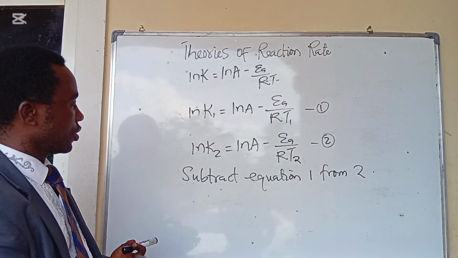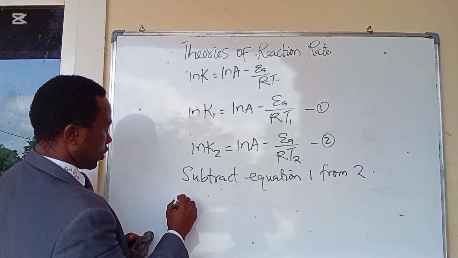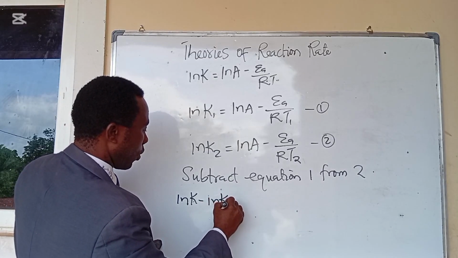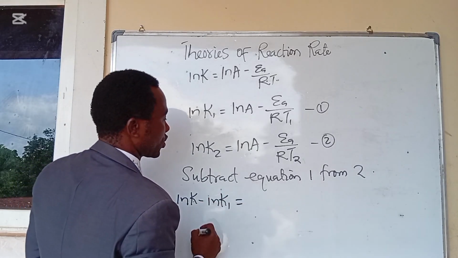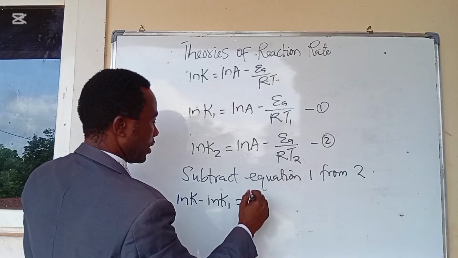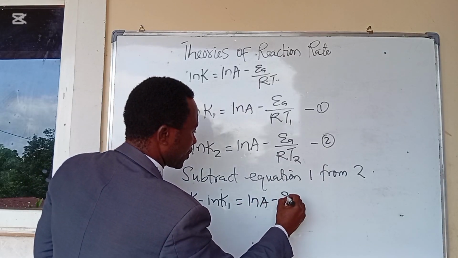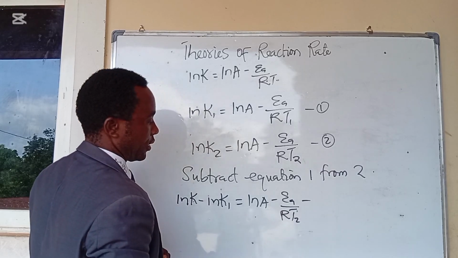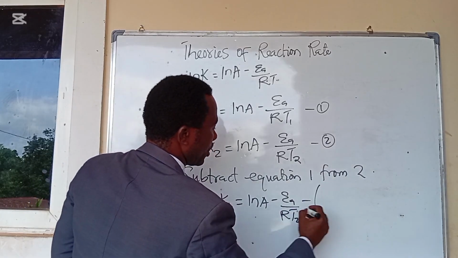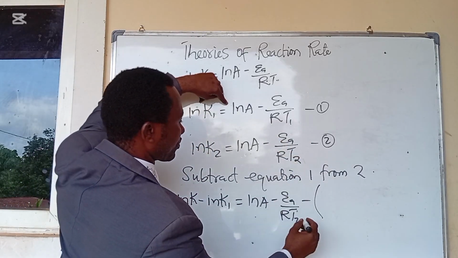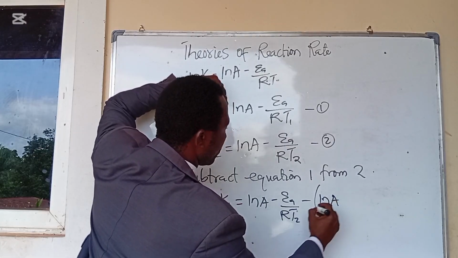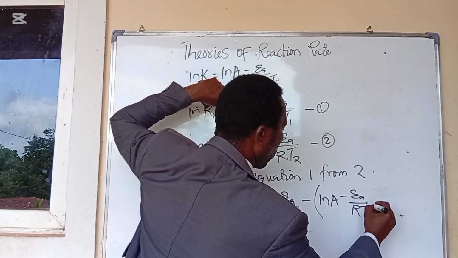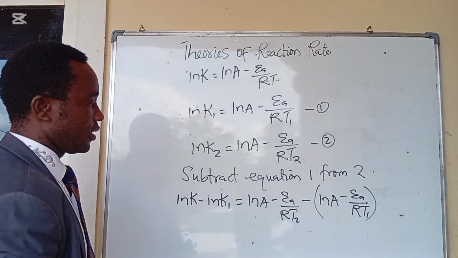So if we do that, what we will get is ln K2 minus ln K1 equals ln A minus EA over RT2, then minus what we are subtracting from it: ln A minus EA over RT1.